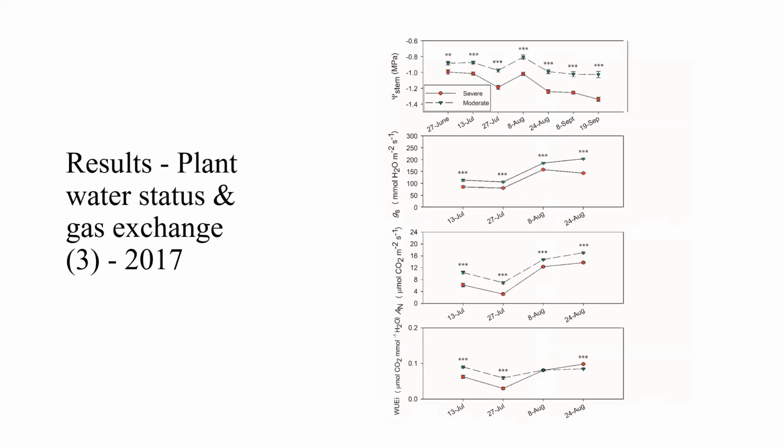The same pattern was noticeable in the second season, where the moderately water stress zone consistently had higher stomatal conductance, net carbon accumulation, and stem water potential than the severely water stress zone. Again, the intrinsic water use efficiency was lower in the moderate water stress zone, but we had an exception in this year. August 24th showed higher values in the severely water stress zone.